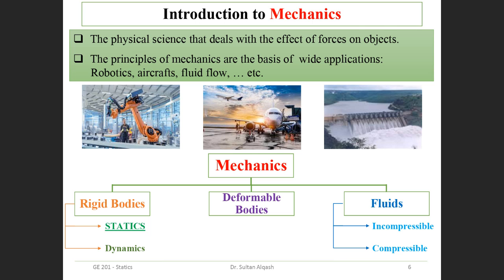But basically, in statics books you will see that most of the time they talk about forces, because we are dealing with a system that is in equilibrium, and that system will receive different types of forces, torques or moments that will not lead to motion. If it is in motion, that means the forces are imbalanced, so that is dynamics. And mechanics is divided into three categories: rigid bodies, deformable bodies, and fluids.